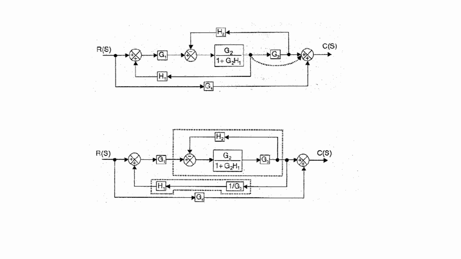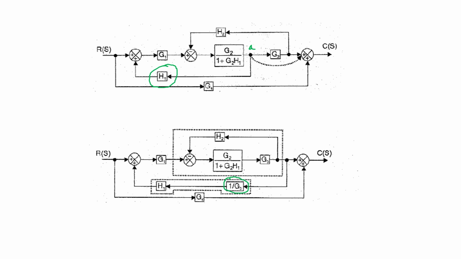So what I will try to do here is I will try to move this node A ahead of this G3. While I am moving, this H1 should not get altered. So based on the rule, I introduce a 1 by G3 in the feedback path passing through H1.